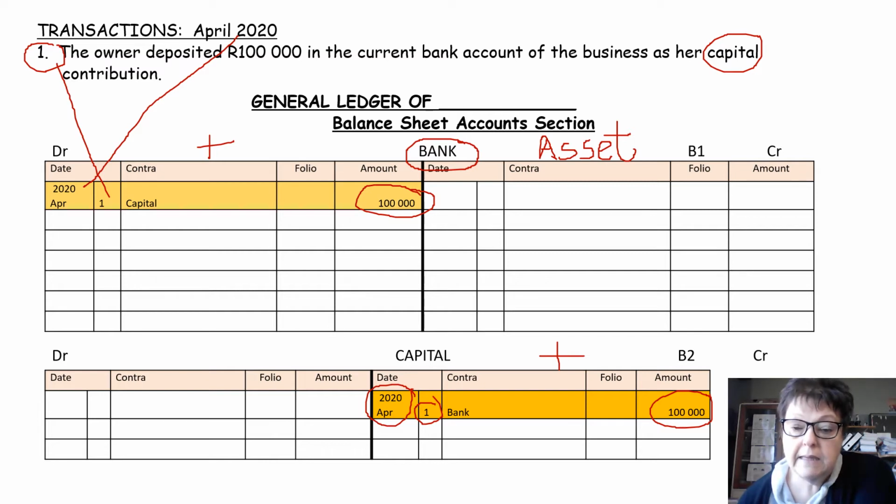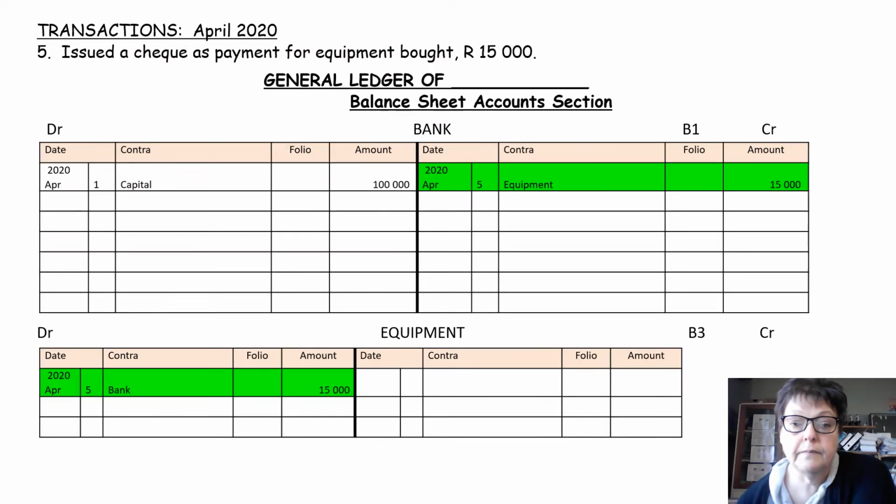And where is that money at the moment? In the bank account. So transaction, 2 accounts concerned. Business is receiving money, so money in the bank will increase. Owner is giving capital, her capital contribution, which is her share in the business, will also increase.